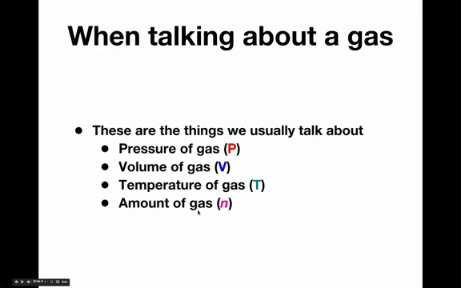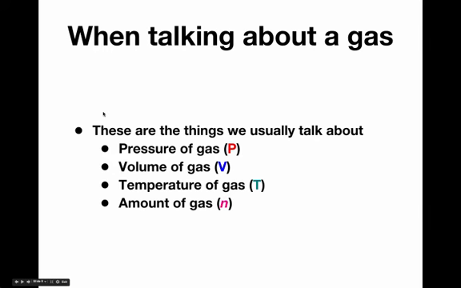A balloon filled with a certain amount of gas has a certain number of gas molecules, or a certain number of moles of gas molecules. That feature, the amount of gas, is usually abbreviated with the lowercase letter n, which stands for number of moles of gas.